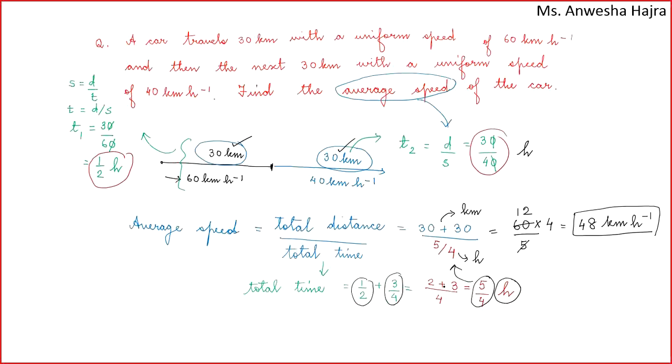Now let us take another sum. Say a train takes 2 hours to go from station A to station B. This is station A and this is station B. The time taken is 2 hours.